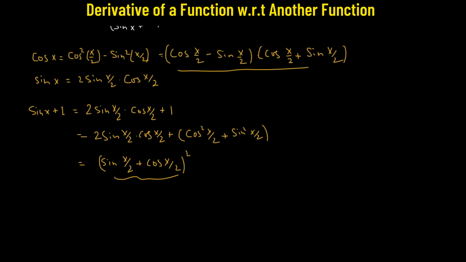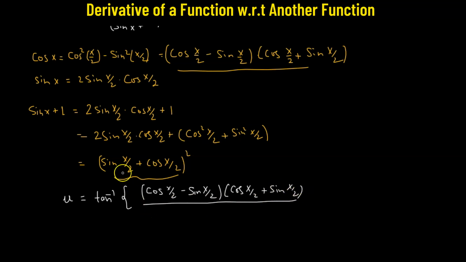So our function u will become inverse tangent of, in the numerator, cosine of x over 2 minus sine of x over 2, whole multiplied by cosine of x over 2 plus sine of x over 2, divided by the denominator, which is cosine of x over 2 plus sine of x over 2, whole squared. We can immediately cancel out cosine of x over 2 plus sine of x over 2 from the numerator as well as the denominator.